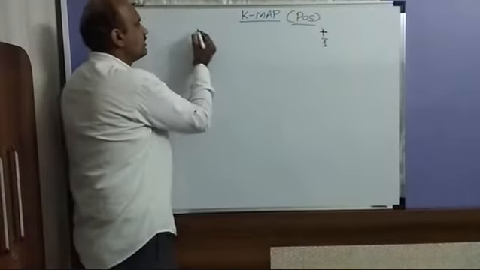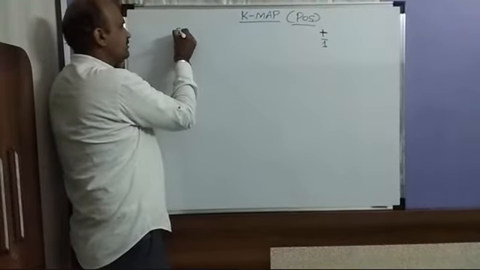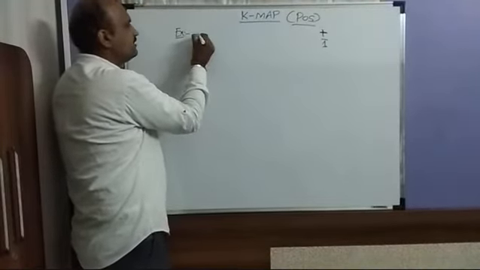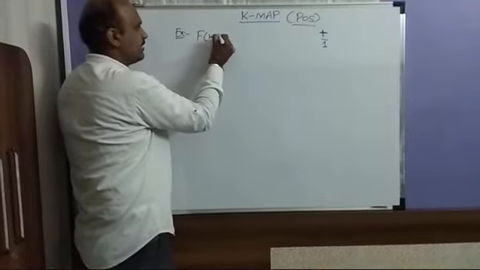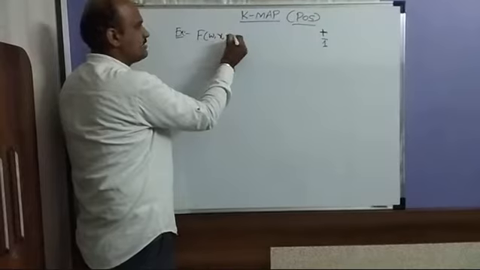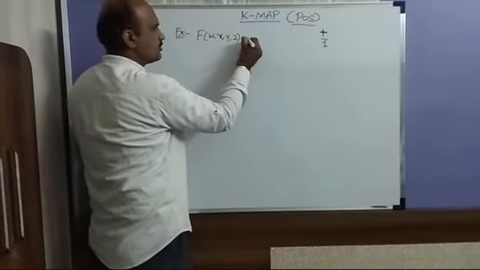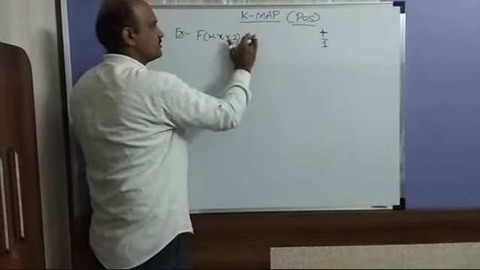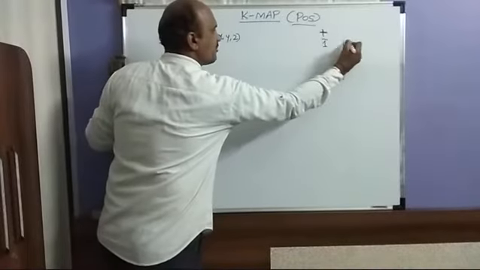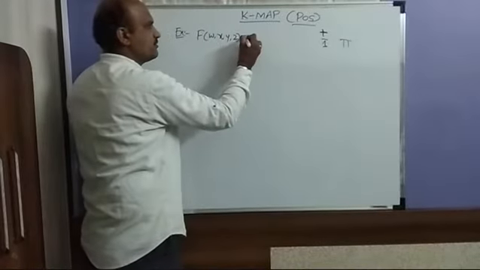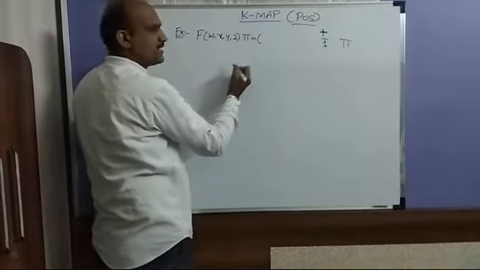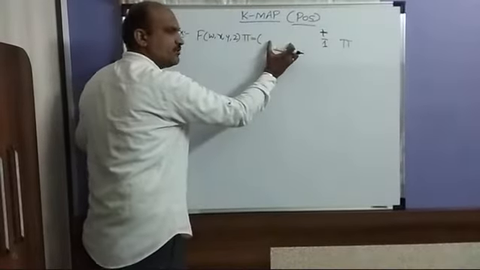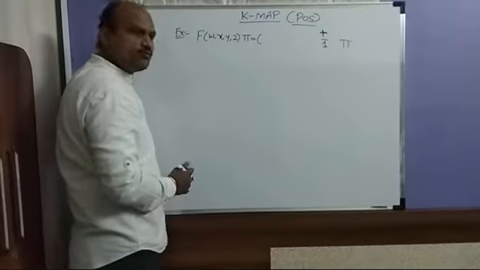If I take an example with 4 variables, it is f of w, x, y, z is equal to, and the POS symbol is pi. Pi, in brackets we should have the numbers between 0 to 15.